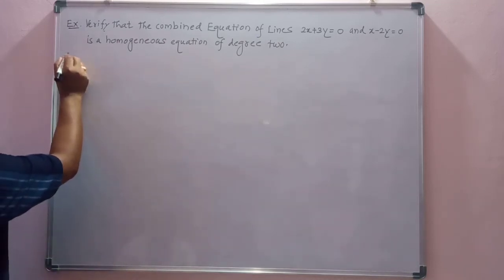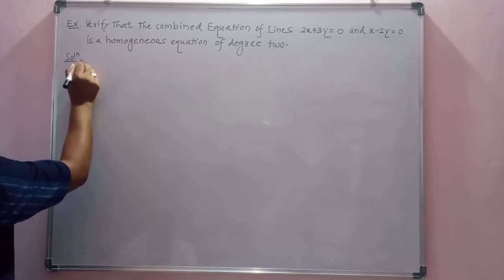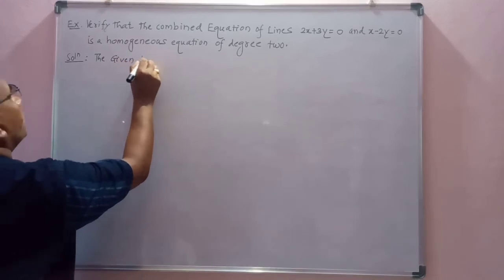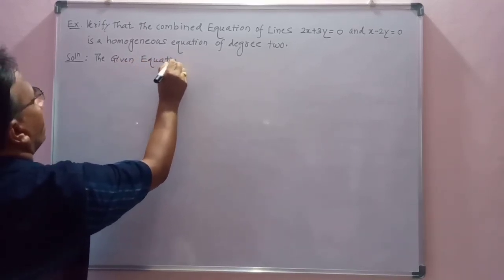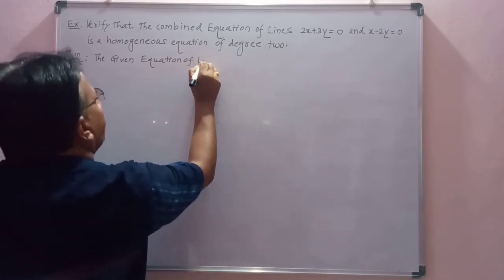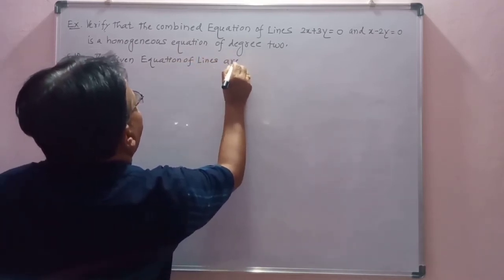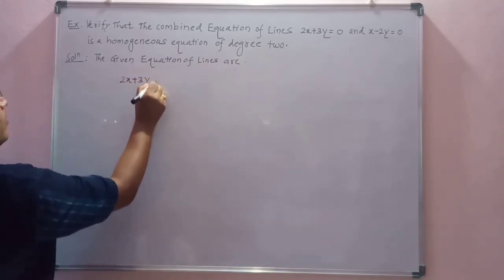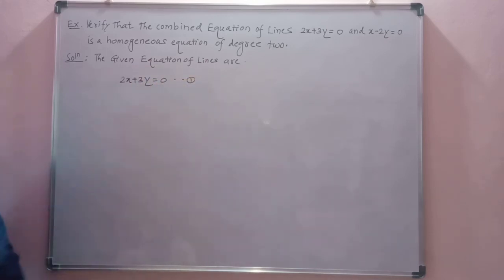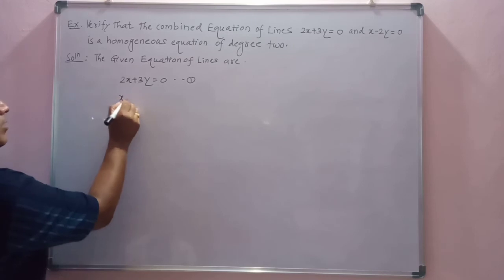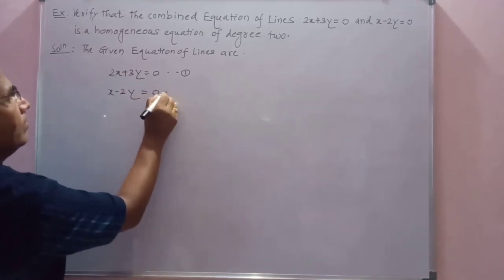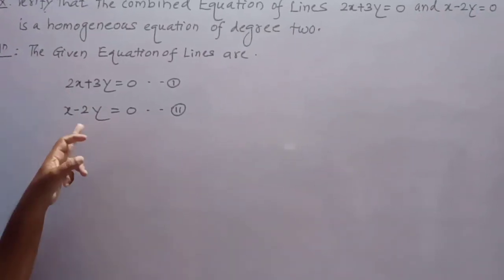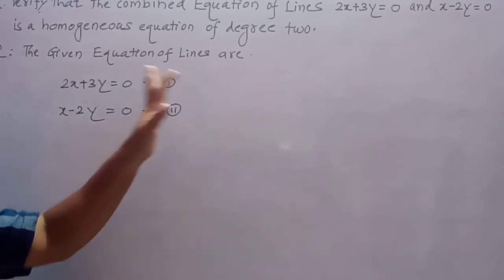Therefore, solution is, the given equations of lines are: first equation is 2x plus 3y equal to 0, and second equation is x minus 2y equal to 0.